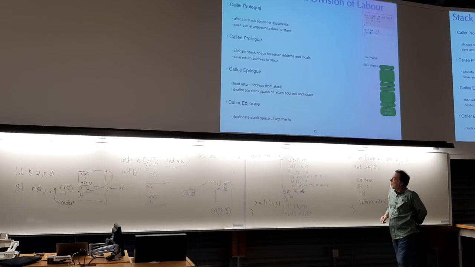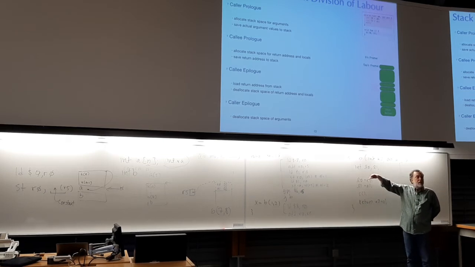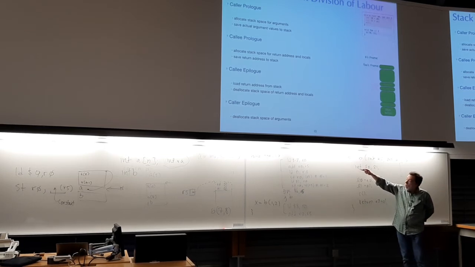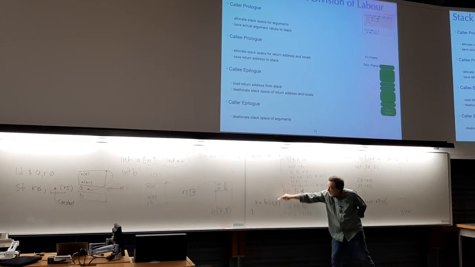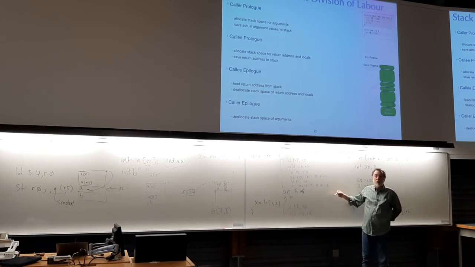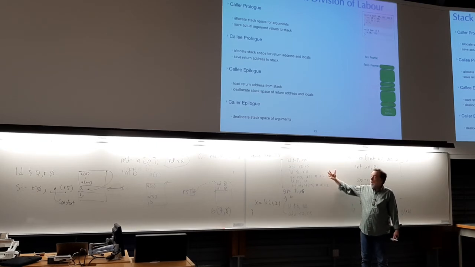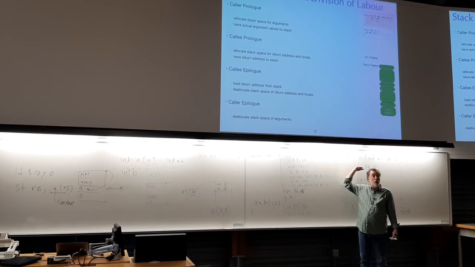Okay? So that's the template for the call. All of this is the procedure call. This procedure call has three parts. It has the part that allocates the part of the activation frame for the callee that stores the arguments.